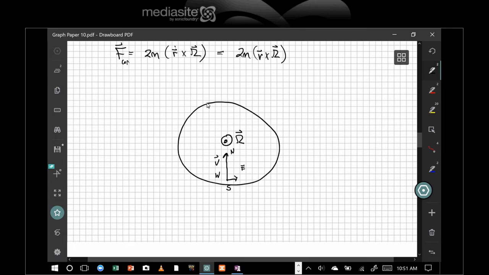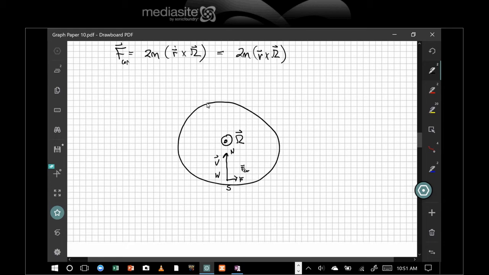Now let's take a look at this Coriolis term. Oh, by the way, sorry, I made a mistake. I said that wrong. I wasn't thinking, it's not just omega, it's omega squared.